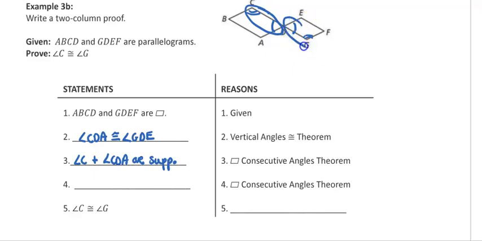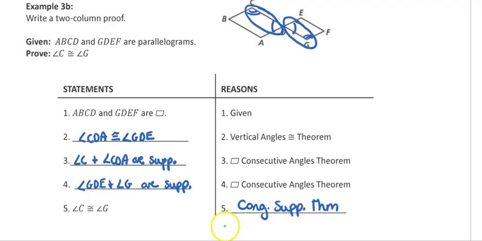Now I'm going to talk about these two angles and say they are supplementary. So I'm going to say angle GDE and angle G are supplementary. So how I get from there to the end is I do the congruent supplements theorem. You haven't seen that one for a little bit.